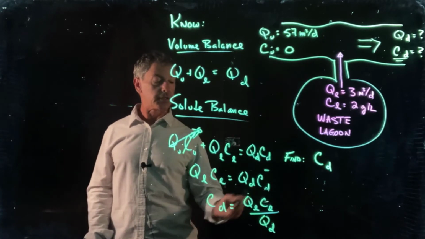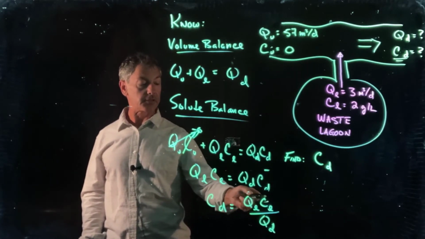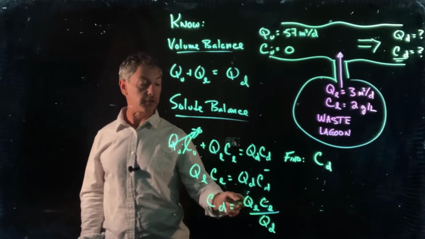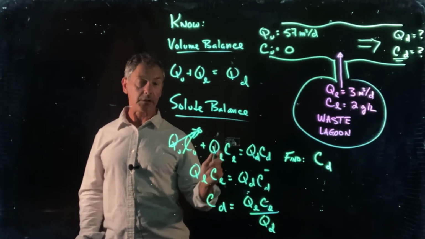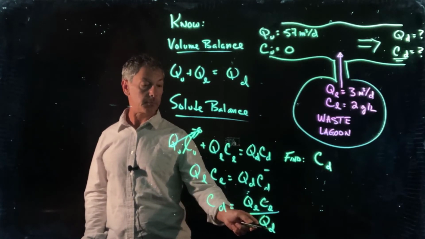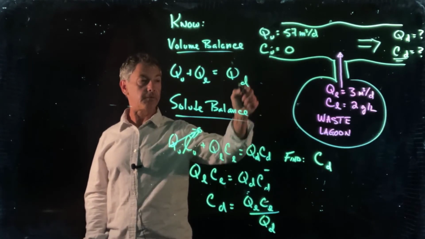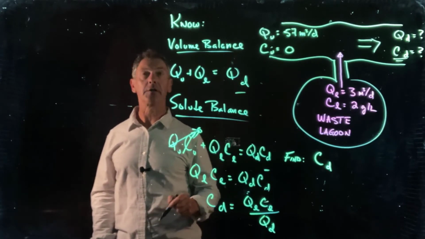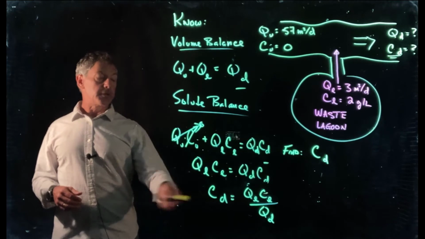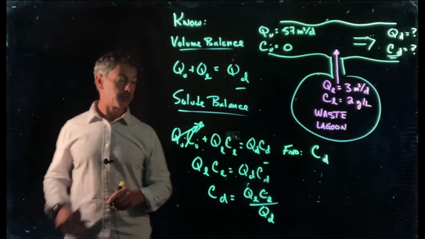So we're given the concentration in the lagoon. We're given the flow rate in the lagoon. We don't know the concentration downstream, and we don't know the flow rate downstream. However, we can find the flow rate downstream because we have that term right here. So now we can solve by plugging in the variables that we have.